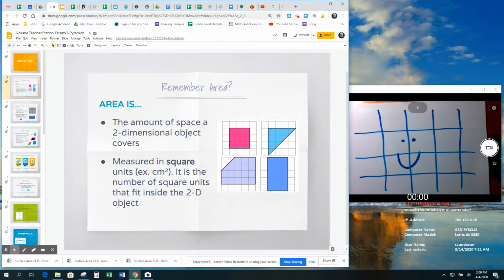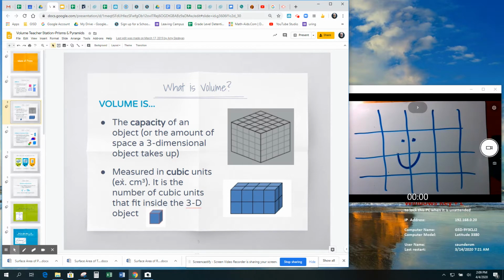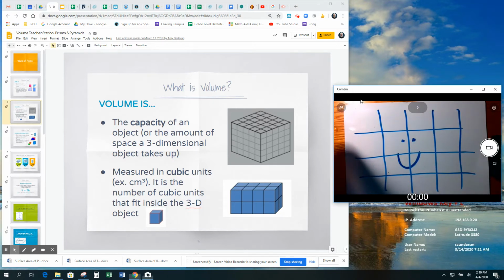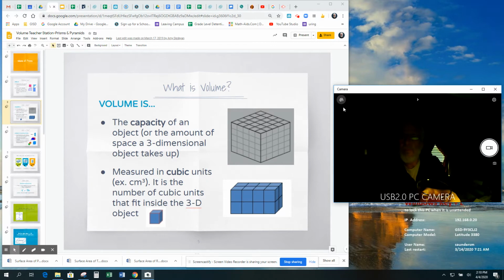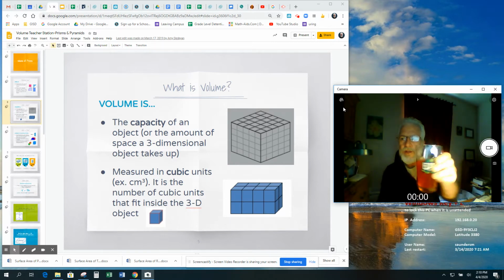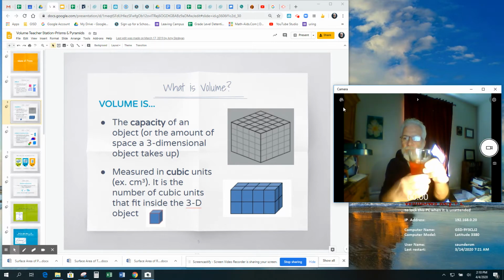areas is the surface area of my whiteboard. But volume is different. So remember that area is measured in square units. Volume is the amount of space that's taken up in a three-dimensional object. So imagine my glass right here. Okay, I'm going to switch cameras so you can see my glass of juice. So imagine my glass of juice right here has some volume in it.